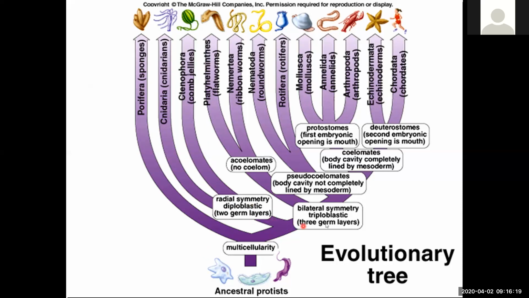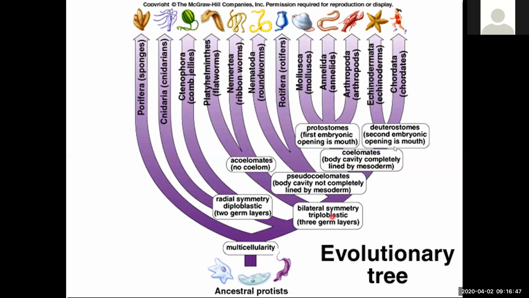So past this group, we get into a larger characterization of all these groups with whether or not they have a coelom. And this has to do with now having three tissue layers that all the tissues in the body start out from, called triploblastic. Blastic talking about the germ layers. So triplo versus diplo.